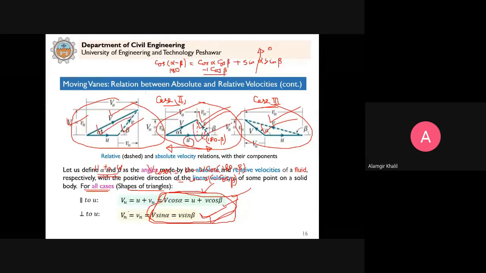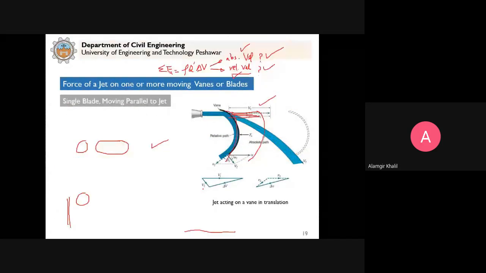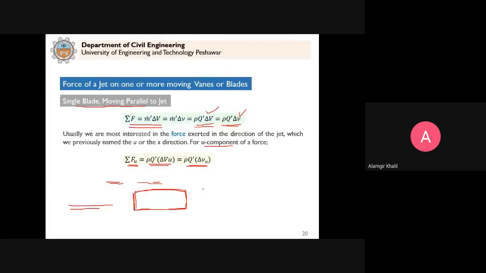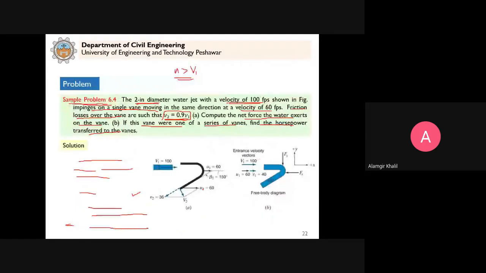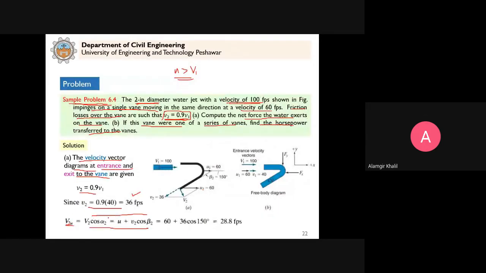These will be the relationships parallel to u and perpendicular to u. So in that direction, V2 cos alpha 2 will be equal to u plus small v2 cos beta 2. Now all the values are known, and this is the V2U.